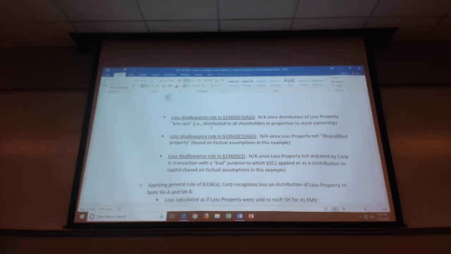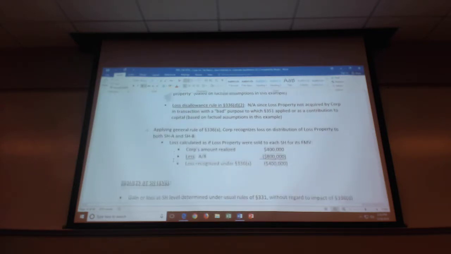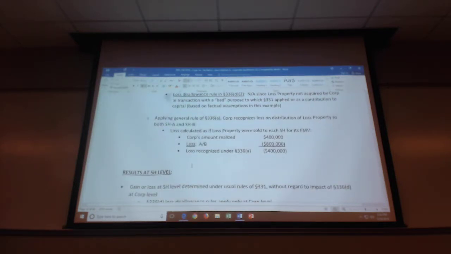The disallowance rules just don't apply in these facts. When you go through those disallowance rules and analyze each one, you see they don't apply, and you get back to the general rule of Section 336A that the loss is recognized.